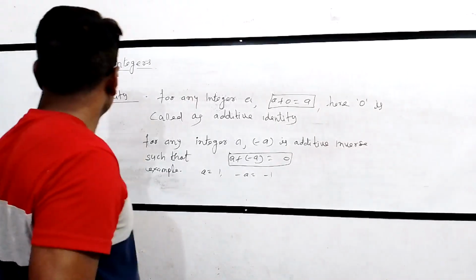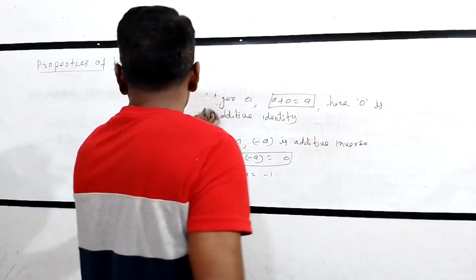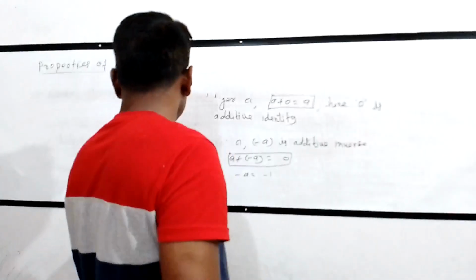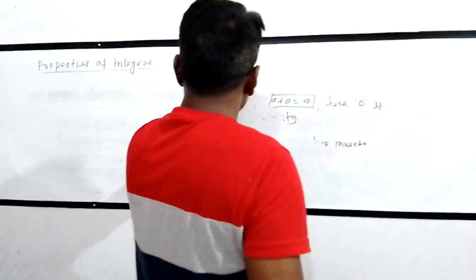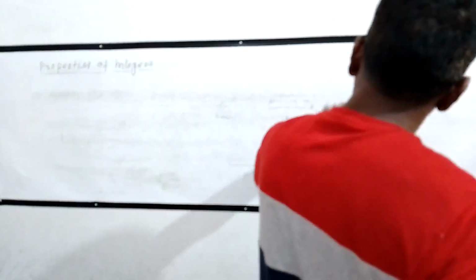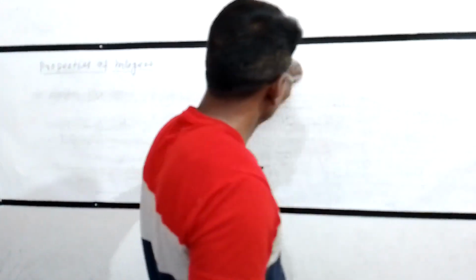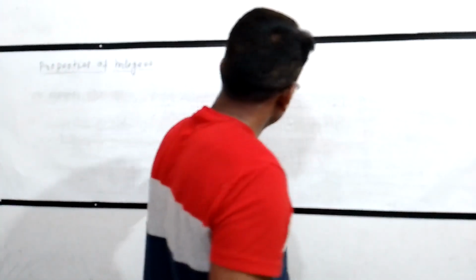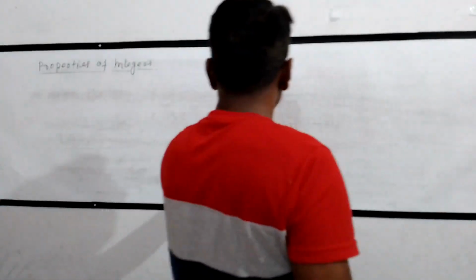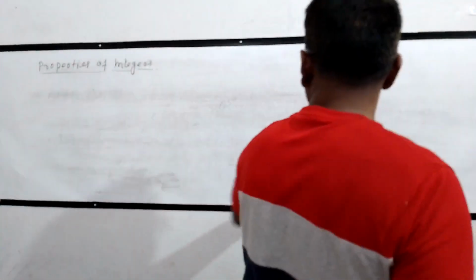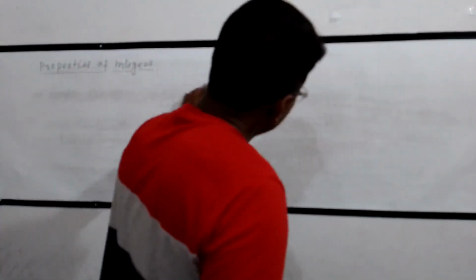Okay, next. So students, we have learnt about the addition of integers and several of its properties: associativity, commutativity, additive inverse, additive identity and closure property.